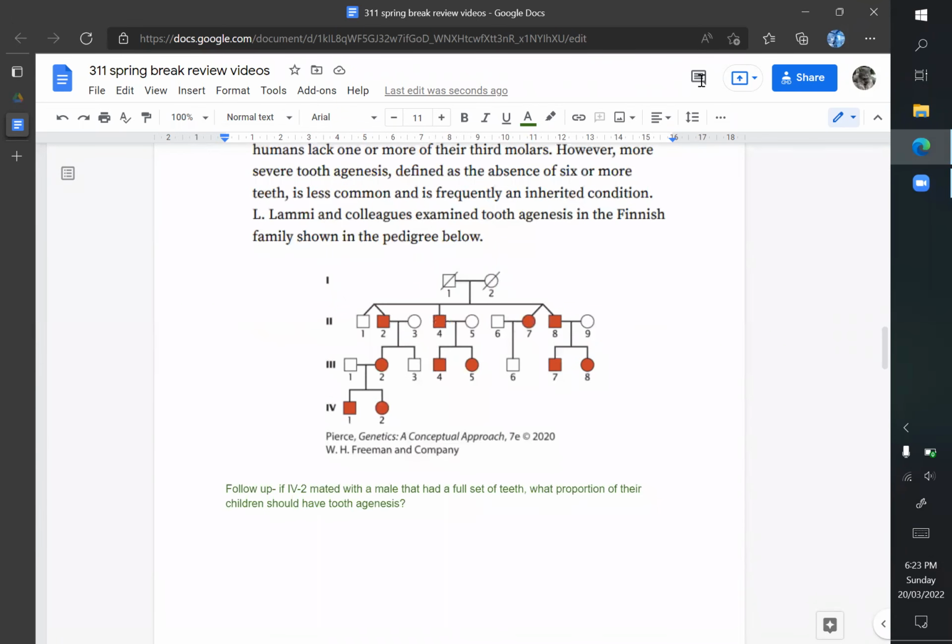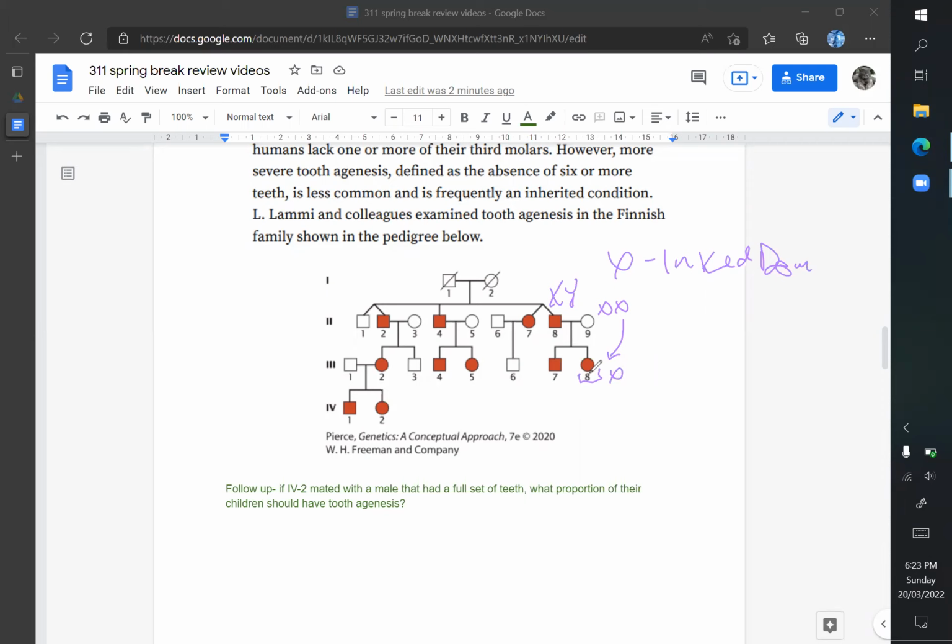So in the case of X-linked dominance, if it were X-linked dominant, then this male who is capital XY, I told you I'd stop doing it, but I lied, this individual is XY and this is XX. This female offspring of these two would have, their mother can only give them a lowercase x.